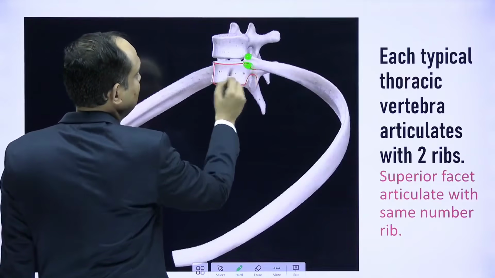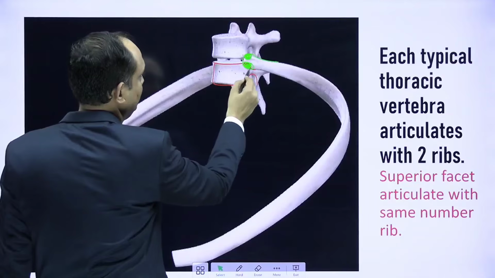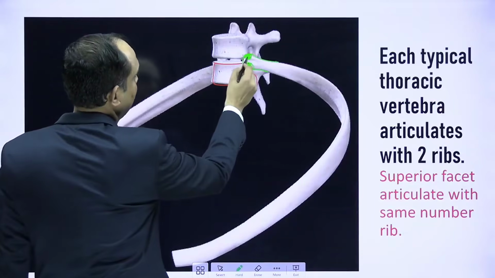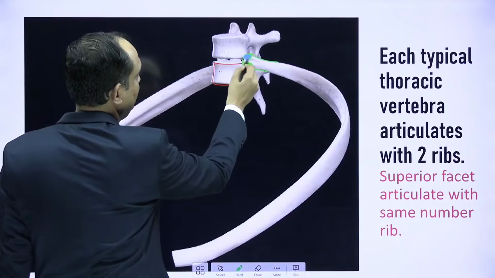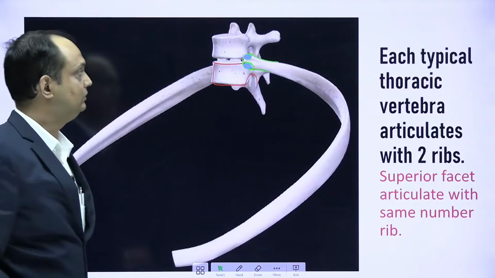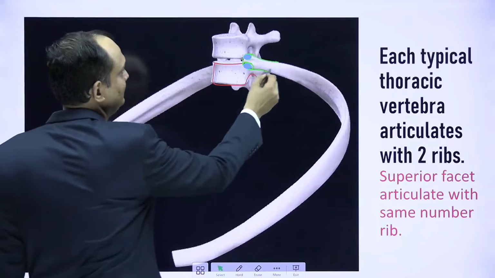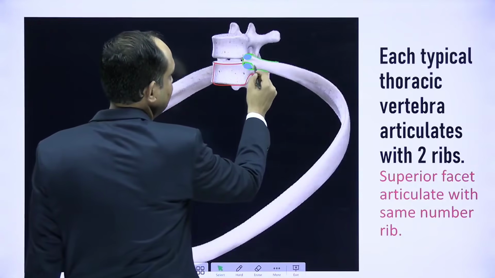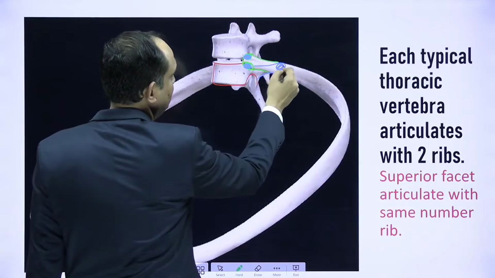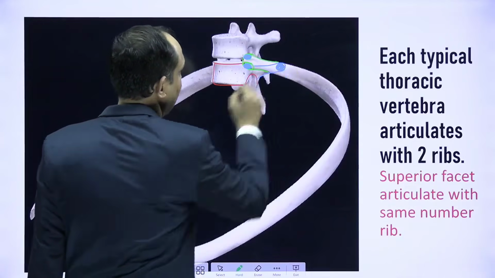Here you can see that this is the end of your rib, and this rib makes a joint with the two vertebrae. So this is the first joint and this is the second joint. Another important thing is that here will be the transverse process, and this rib also makes a joint with the transverse process here.